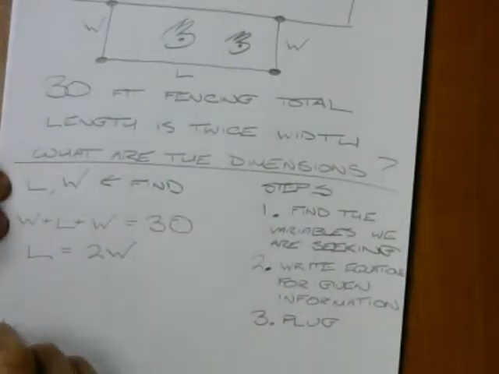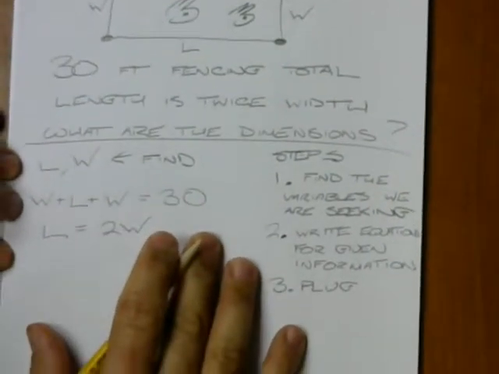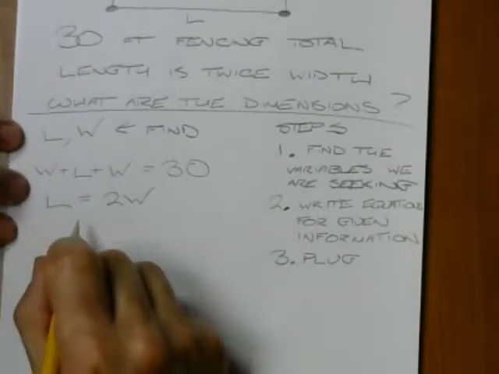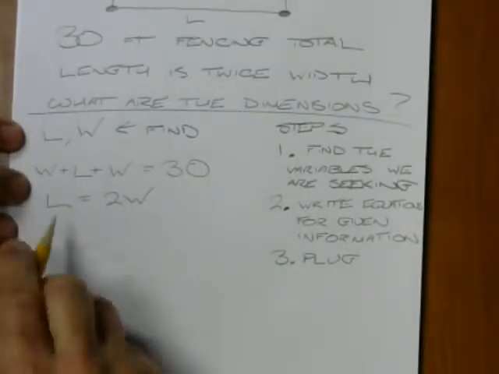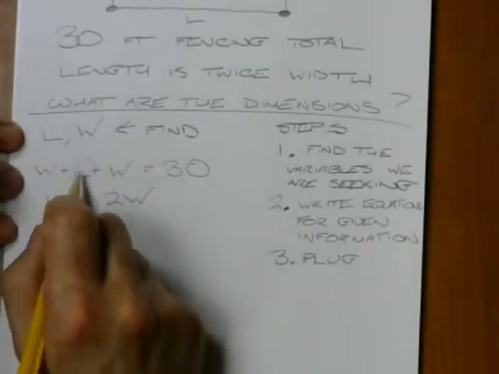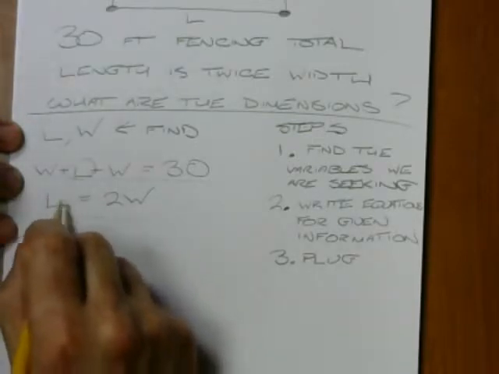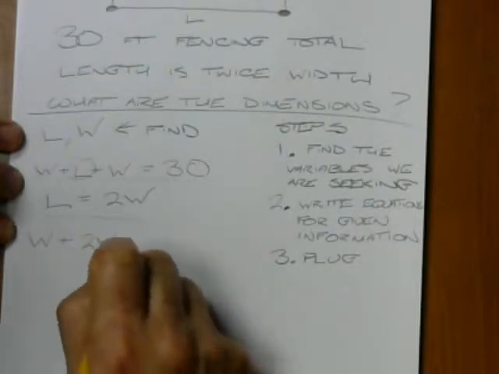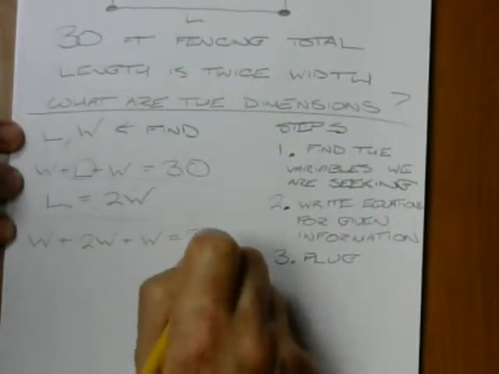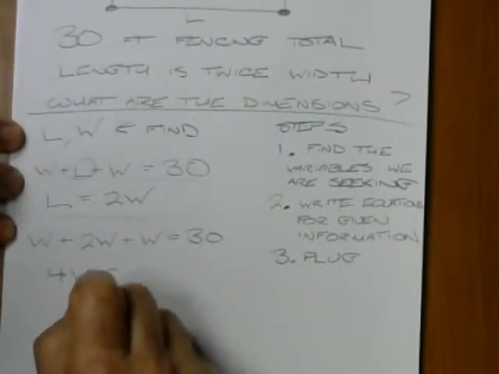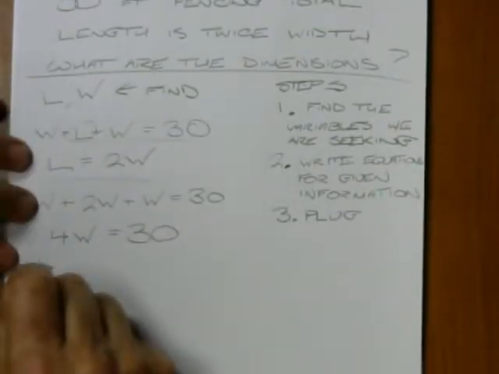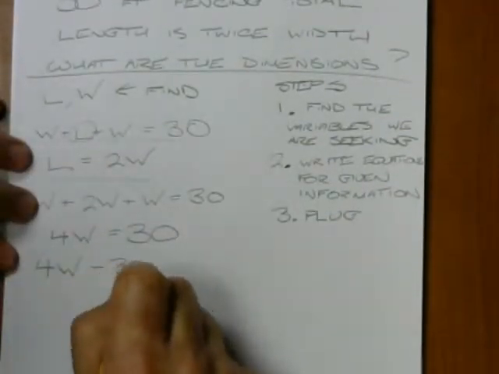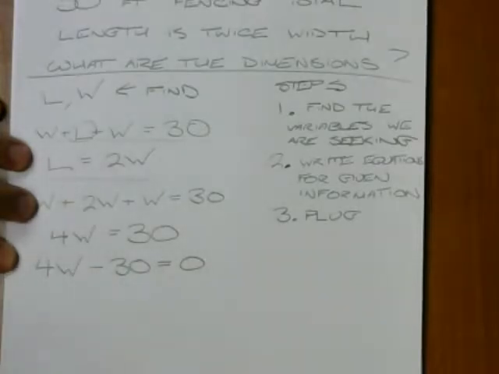We don't know what we're doing. Let's just try plugging. So what happens if we plug into our equations? I have one equation here, one equation here. I could stick this L right in here. W plus 2W plus W equals 30. Or I get 4W equals 30. Or I can see this is a linear equation right now, because I get 4W minus 30 equals 0.